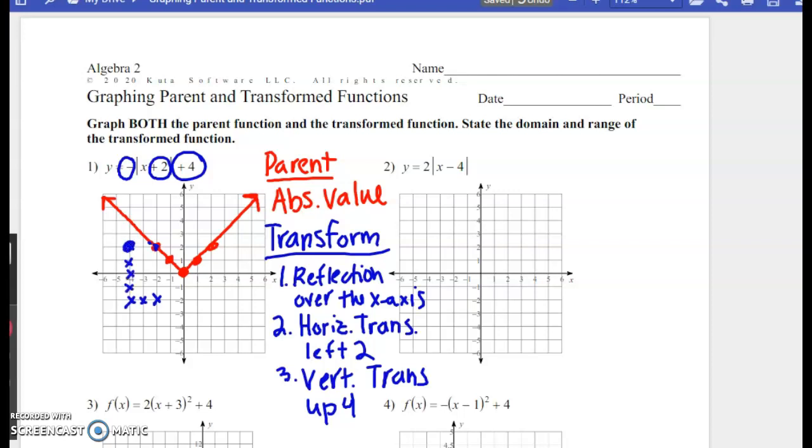So there's my new point. Erase all these x's. And then I go to my next point. This point up at 1 is going to reflect to -1. And then I got to shift it left 2, so 1, 2, to here, and then up 4, 1, 2, 3, 4. That point's now there.